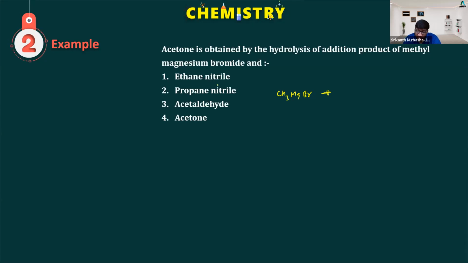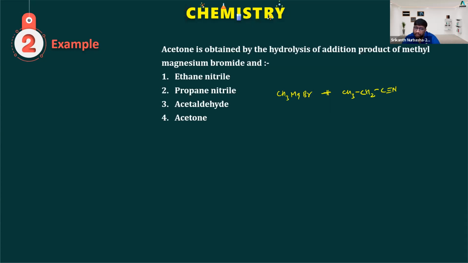Ethane nitrile, let us consider CH3 CH2 C triple bond N. Ethane nitrile is this one or CH3 C triple bond N? CH3 CH2 C triple bond N is propane nitrile.